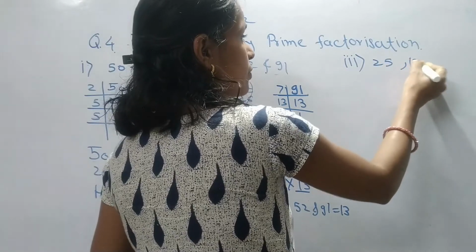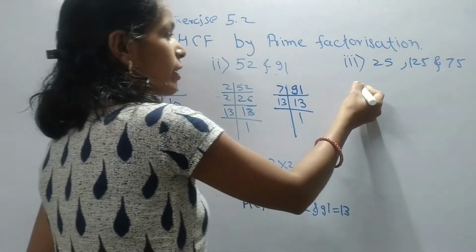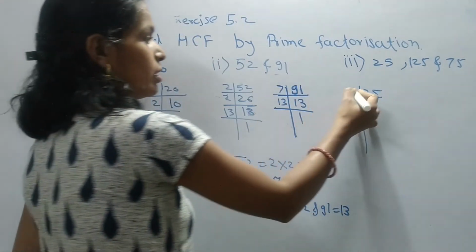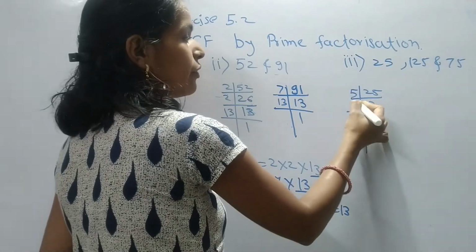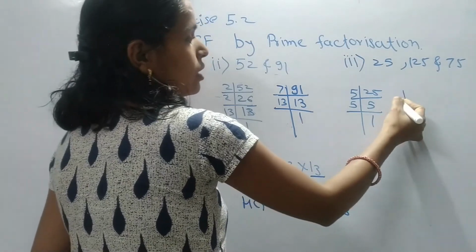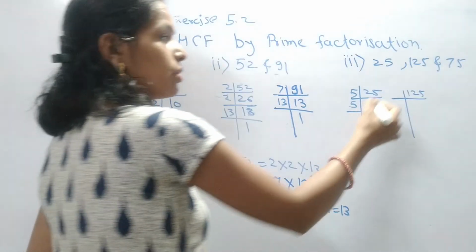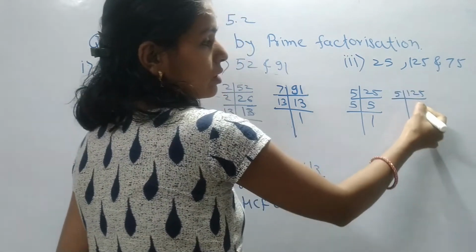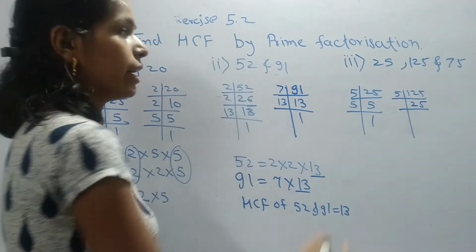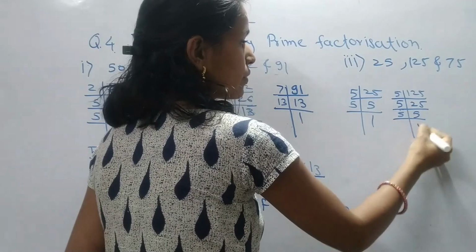The factorization of 25, I think we have already written. 5 fives are 25 and 5 is a prime number, so 5 ones are 5. 125 is divisible by 5 only. 25 fives are 125, and 25 has a factorization like this: 5 fives are 25 and 5 ones are 5.